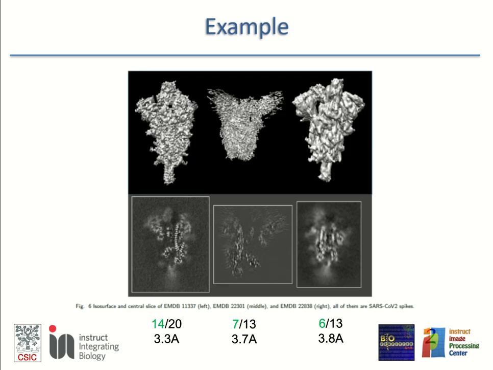So here are 3 maps of the SARS-CoV-2 spike protein, and they all claim similar resolution, between 3 and 4 angstroms, but you see that the quality of the maps is quite different. First of all, and this we already know, this resolution is the best resolution of the map, so it doesn't mean that all the parts of the map will have the same resolution, but even so we see that the features of the map are quite different.